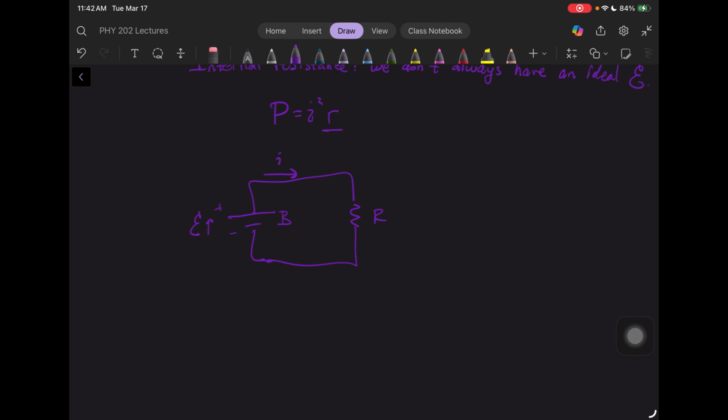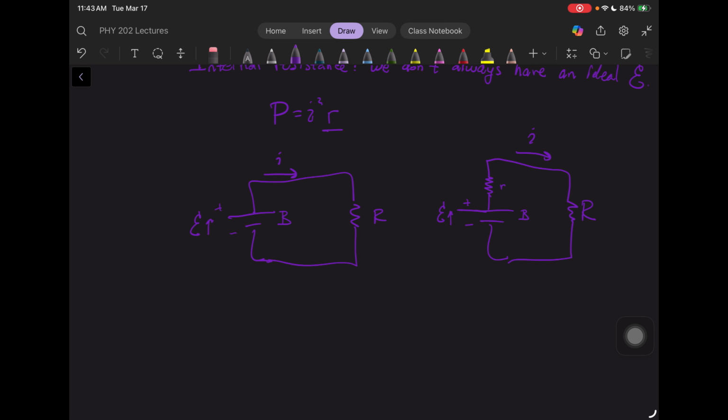Now if we say there is some internal resistance, all we really do is draw it as another resistor. Where this one was capital R, this one's little r. It's pretty much the exact same thing, only now we have to include the internal resistance.